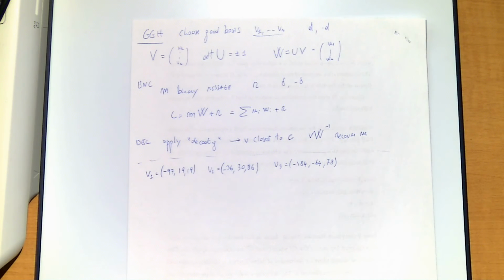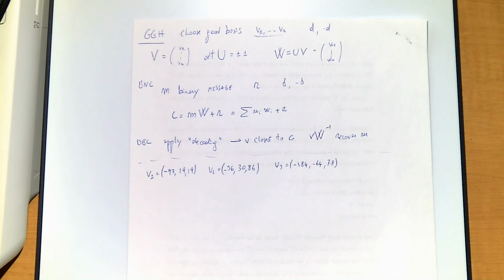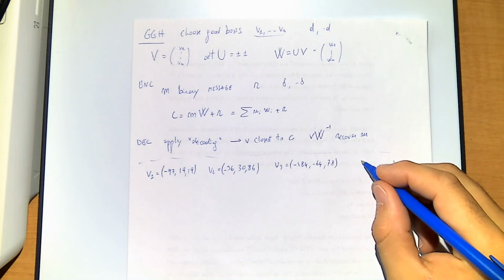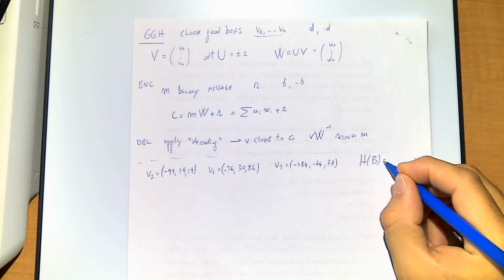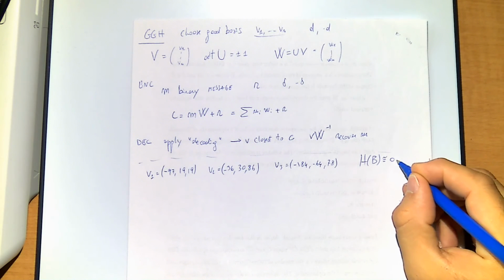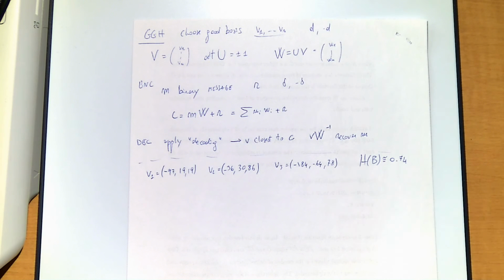So these three vectors are a good basis. You can check that the Hadamard ratio of this basis is approximately 0.74. Okay, so it's orthogonal enough.